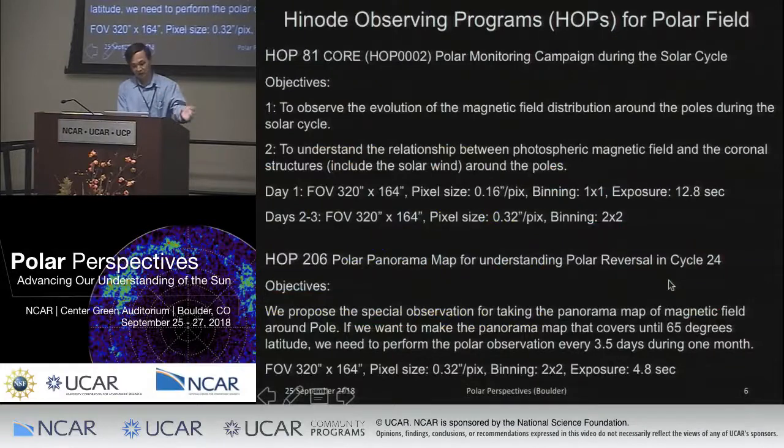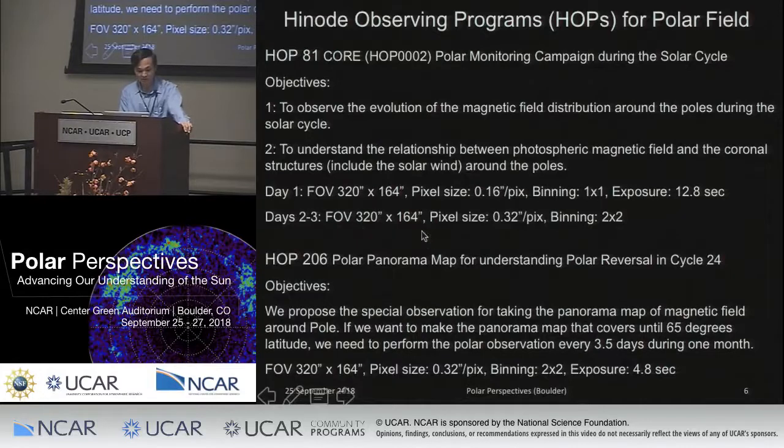And then, talking about Hinode programs, there are special programs to observe the polar field. There are two programs called HOP81 and HOP206. HOP81 has multiple programs, but Day 1 is full resolution and wide field of view observing with a long, deep exposure.